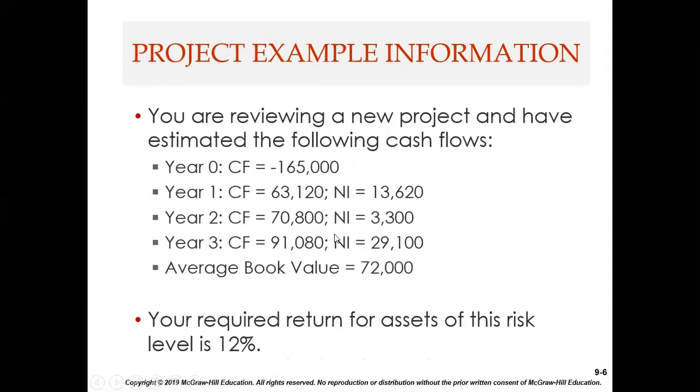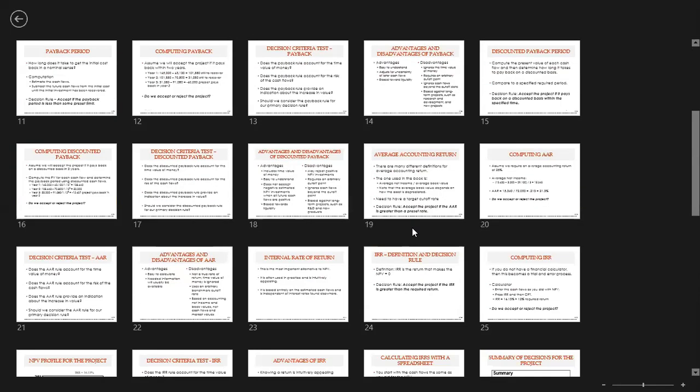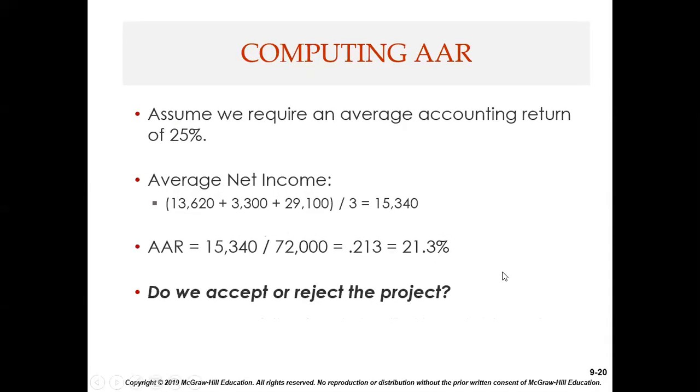Over here, they told us net income year 1, net income year 2, net income year 3. So we're going to add those 3 together, and then they told us the average book value. That's why they told us that, so that we calculate our average accounting return.